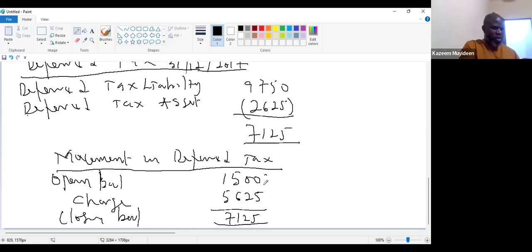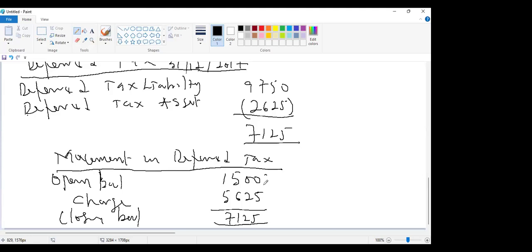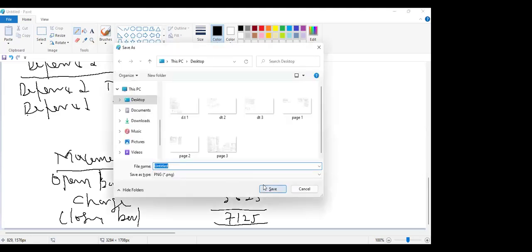let's go to question 17. Effect of change in the tax rates. Let's see.